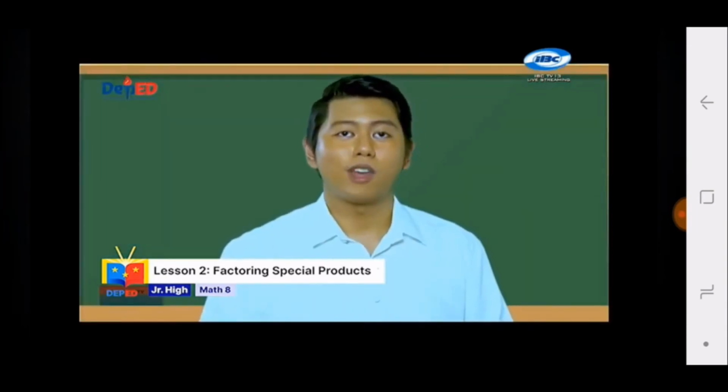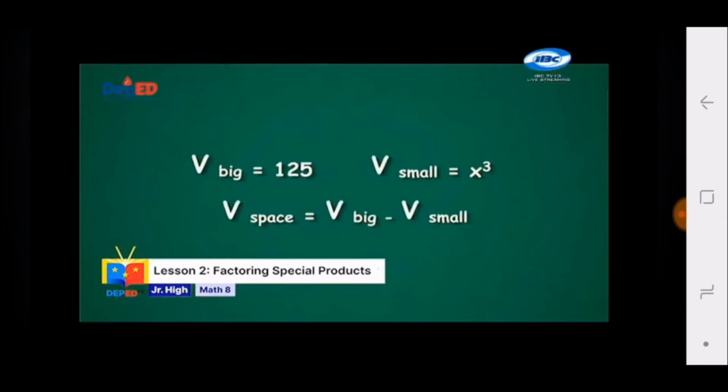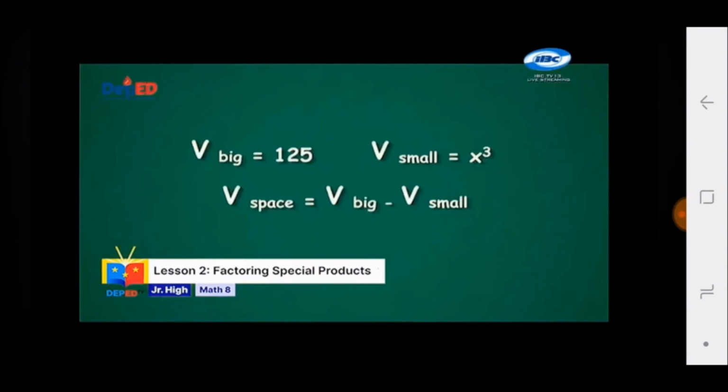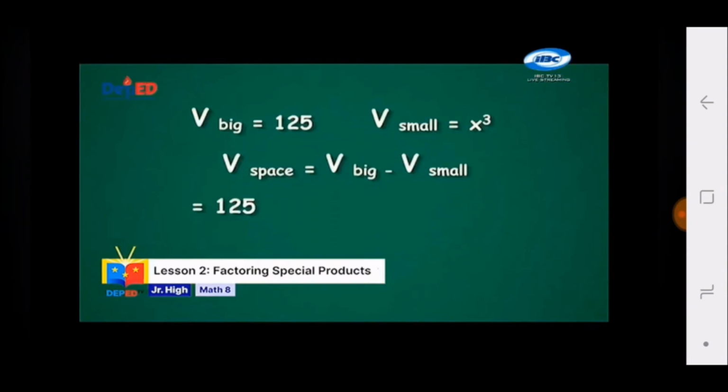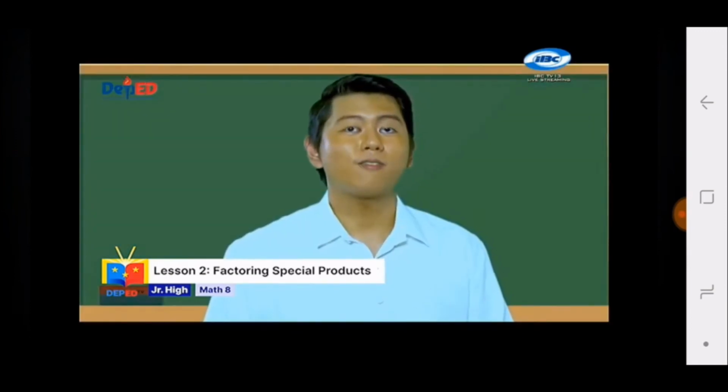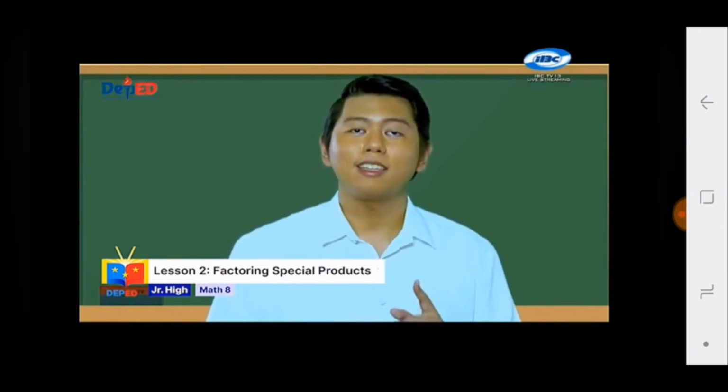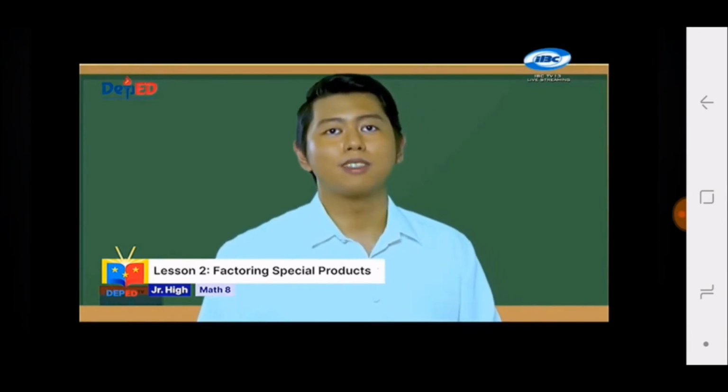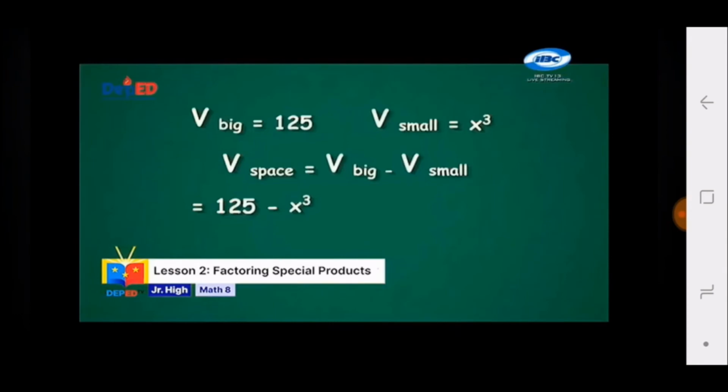Substituting the values that we have, the volume of the empty space is equal to 125 minus x cubed cubic inches. We can also write this in factored form since it is a difference of two cubes. Again, we can express 125 as the cube of 5 minus x cubed.